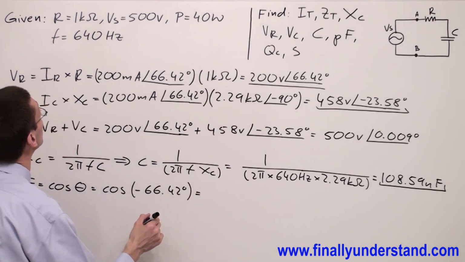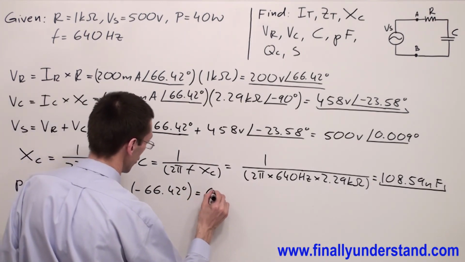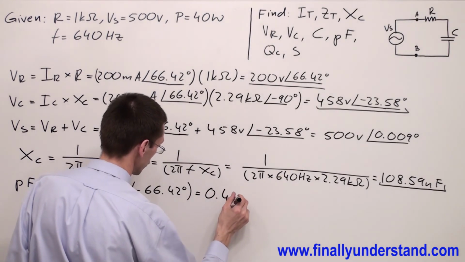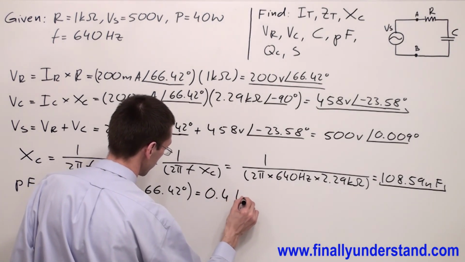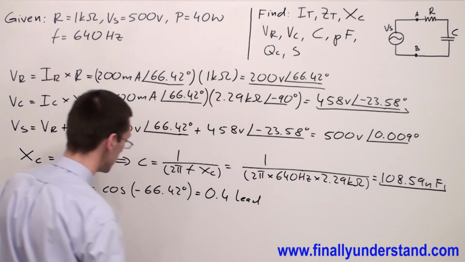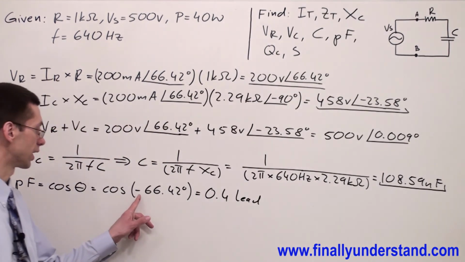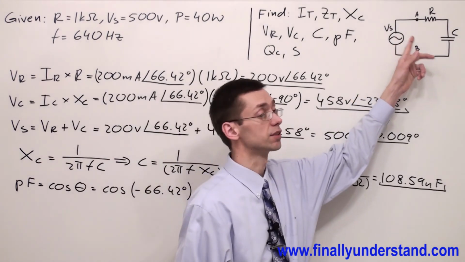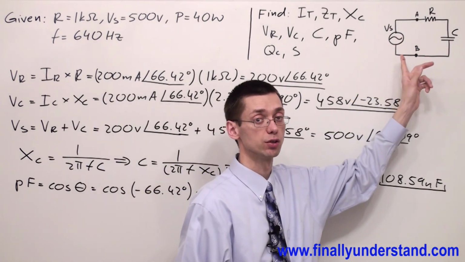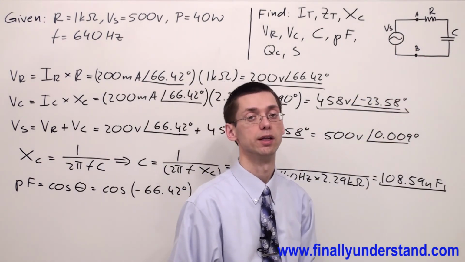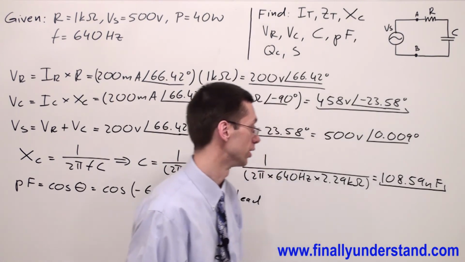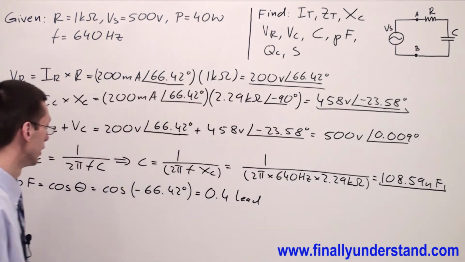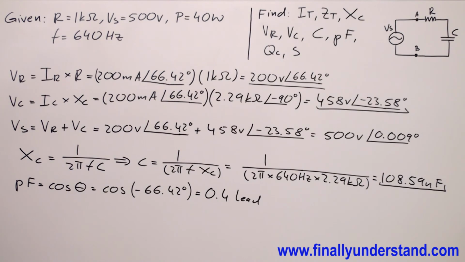This is equal to 0.4. And you're supposed to add the word lead. Why lead? Because your angle theta is negative, or because this is an RC circuit. An RC circuit is always going to have a negative angle next to Z total. Okay, so this is the power factor.